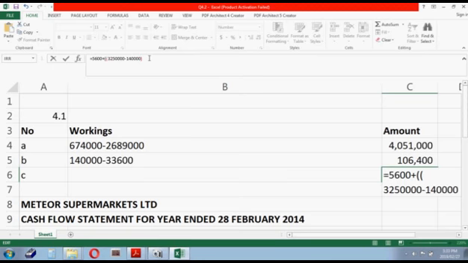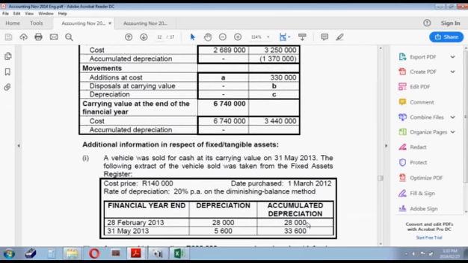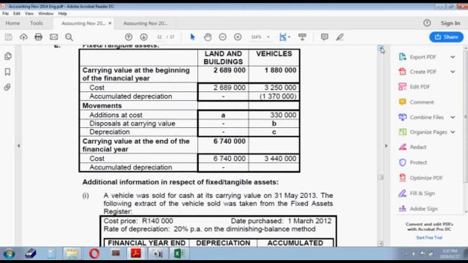But we know we are using the diminishing balance method, so we still have to subtract the accumulated depreciation for the vehicles that we had for the whole year. For the accumulated depreciation portion, we have to exclude the accumulated depreciation of the vehicle that we got rid of. So the 28,000, that was the amount at the end of the previous financial year for the vehicle we sold during the year. We have to exclude that from the 1,370,000.